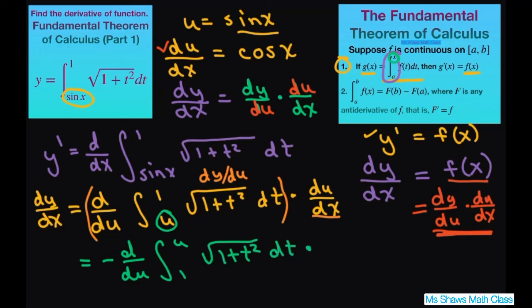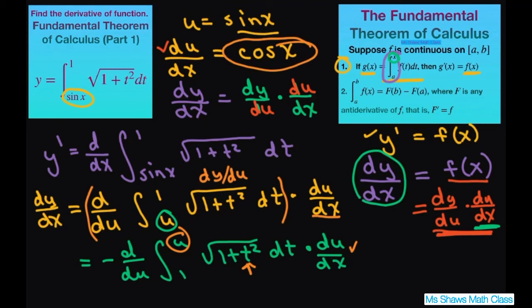And this is going to be all multiplied by this. And again, because that equals the derivative of y with respect to x. Okay, now at this point, all I'm going to do is substitute in my u here. And I'm going to substitute my derivative of u with respect to x, which is cosine of x. So I'm going to do that on the next slide.